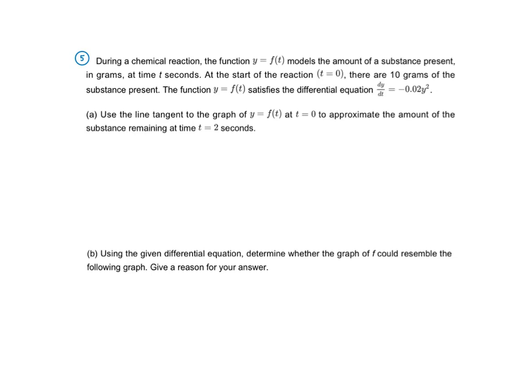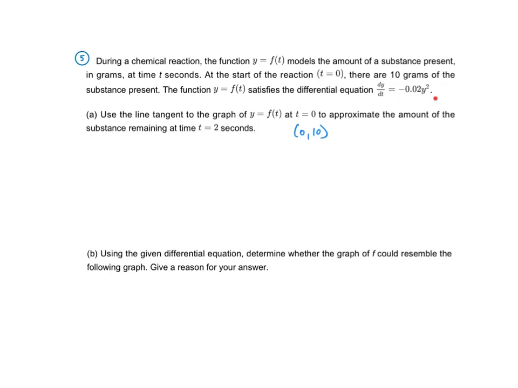Okay, so we had a similar problem earlier, question 2 or 3 was the same, or maybe 1. I think 1 actually. So now, at time t equals 0, there's 10 grams. So the point (0, 10) is on the function, and now we just need the slope.